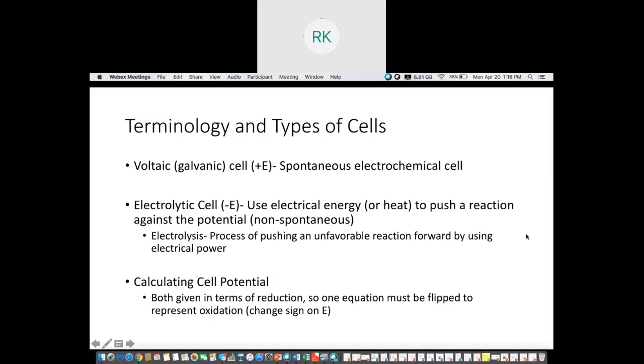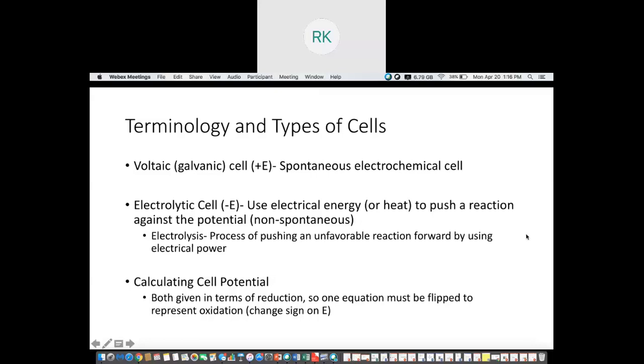They all describe the same type of cell. And really what that tells you is that it has a positive E value, right? So if they tell you you have a galvanic cell, when you add your half reactions together, your E value always needs to be positive. Okay, and again, that's a spontaneous electrochemical cell.